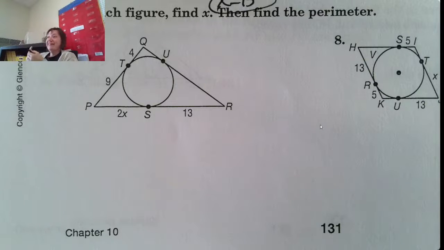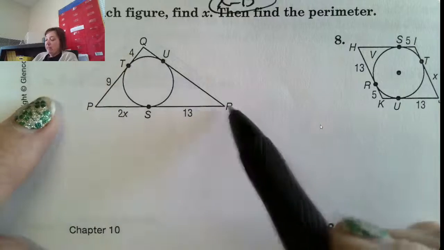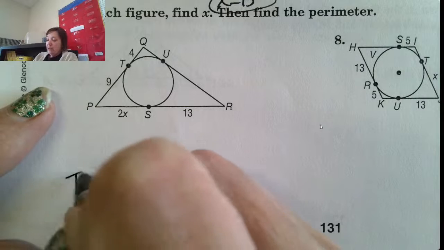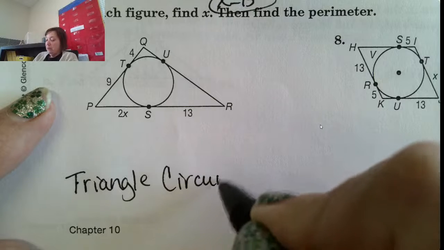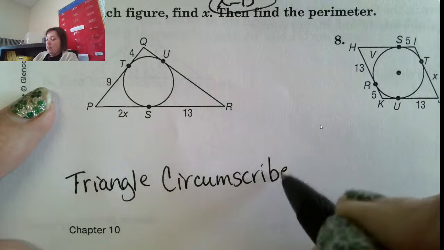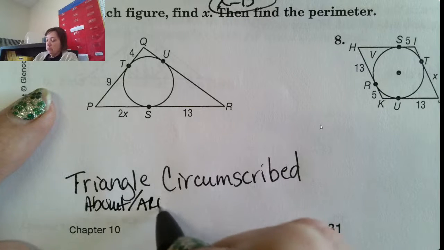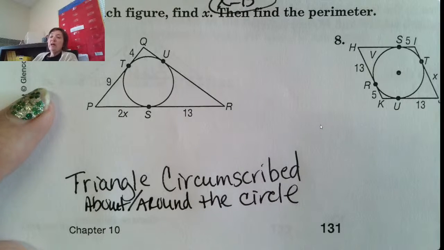Okay, so when you have a polygon that's outside a circle like this, you can say that the triangle or polygon is circumscribed, and they'll either say about or around the circle. So you'll say the triangle is circumscribed about the circle, or the triangle is circumscribed around the circle.